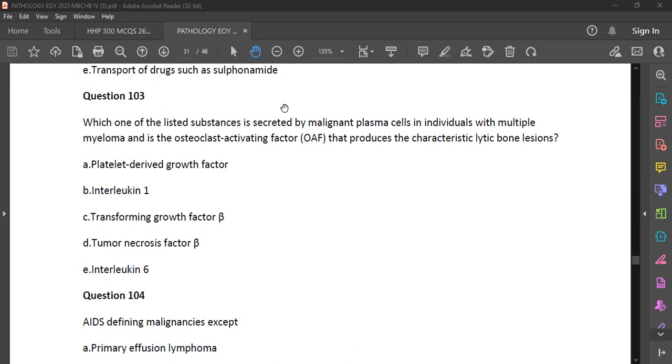So basically what the question is asking is what will cause the lytic bone lesions, the punched out lesions we saw, and is responsible for stimulating osteoclast activity. As I've said, there are two, interleukin-1 and RANKL.